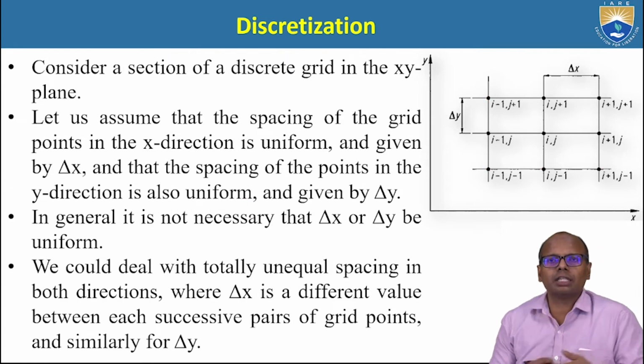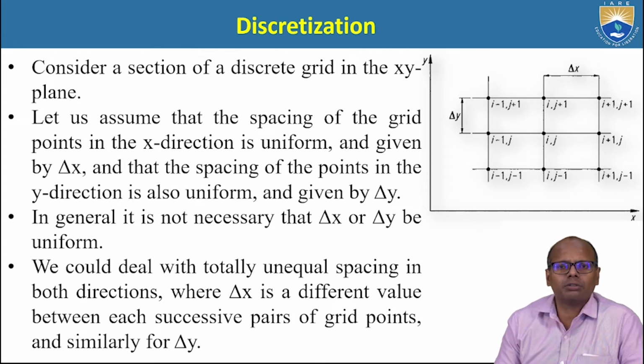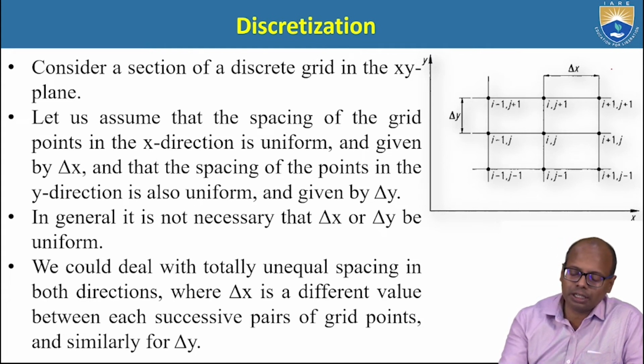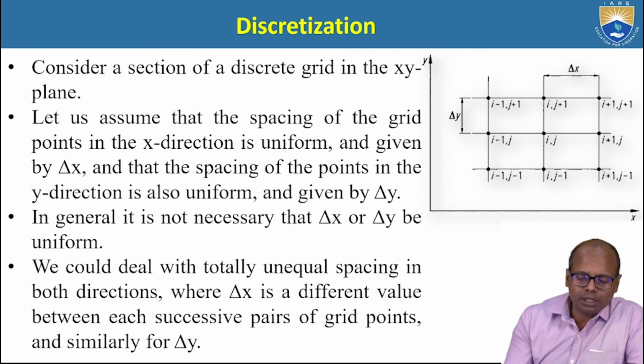Now we will see one discretization technique called FDM, finite difference. Before that we will see what discretization is. Suppose this is the xy space, and it has a grid.